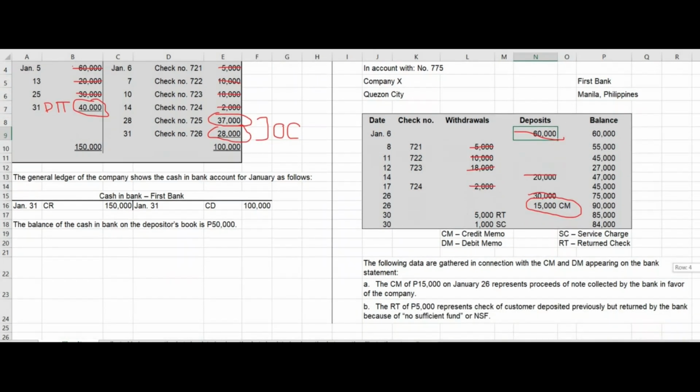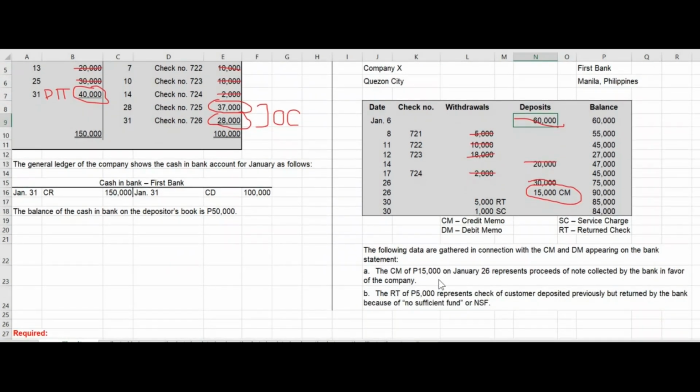So, sabi niya, the credit memo of 15,000 on January 26 represents proceeds of note collected by bank in favor of the company. So, ito pala ay credit memo. No? So, credit memo, this is a book reconciling item. So, itong 15,000 na to, dapat naka-reflect na yan doon sa records ng company kasi it's a credit memo. Specifically, it's a collection, no, ng note by the bank.